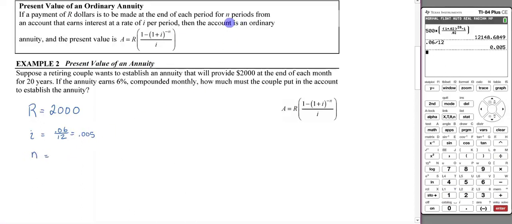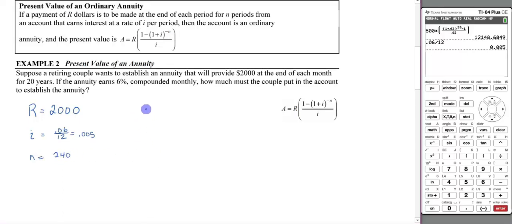Again, N is the number of periods. They are going to want payments for 20 years monthly. So 20 times 12 is 240.